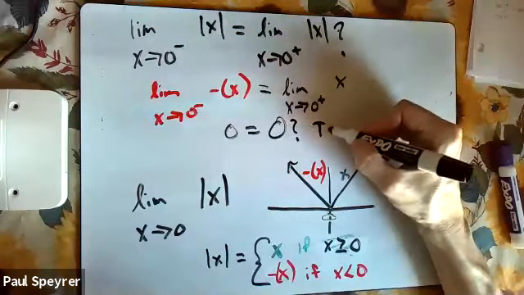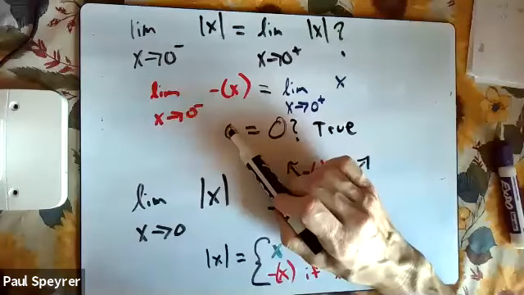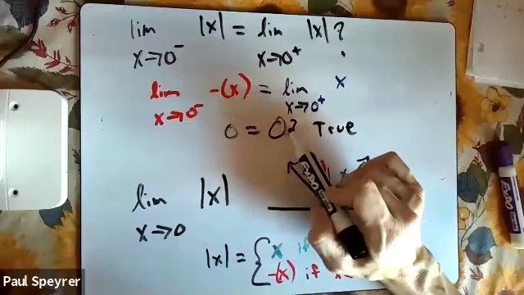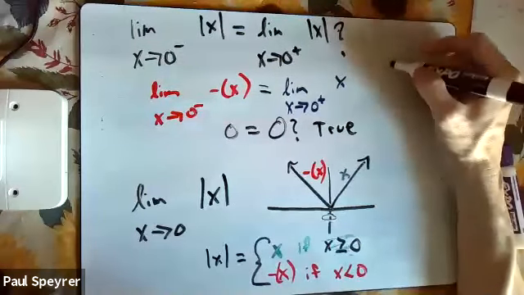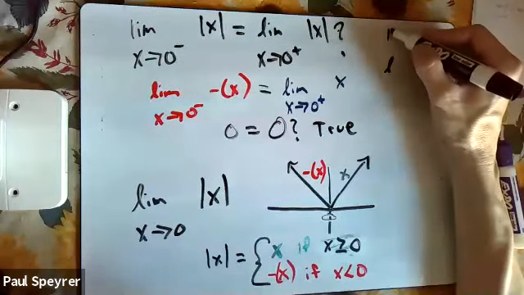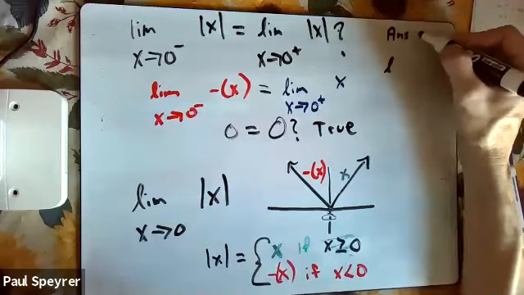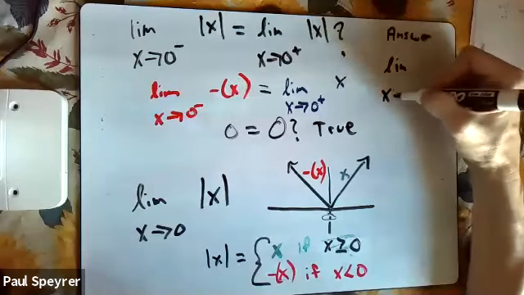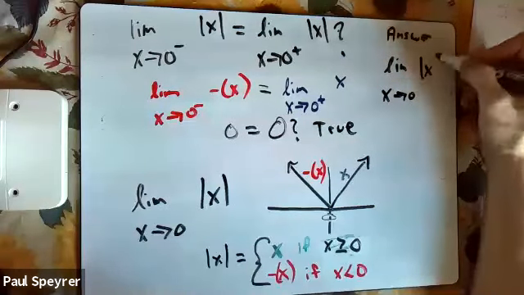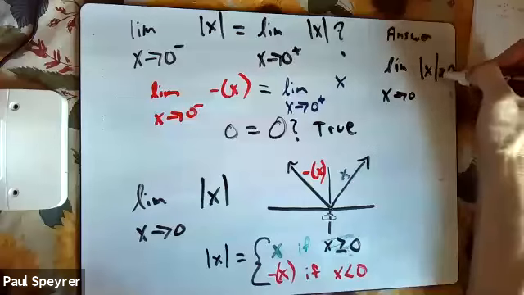Yeah, it's true, right? Remember, for the limit to exist, the limit on the left side must equal the limit from the right side, which in this case it does. So ultimately, your final answer is the limit as x approaches 0 of the absolute value of x is equal to 0 right here.